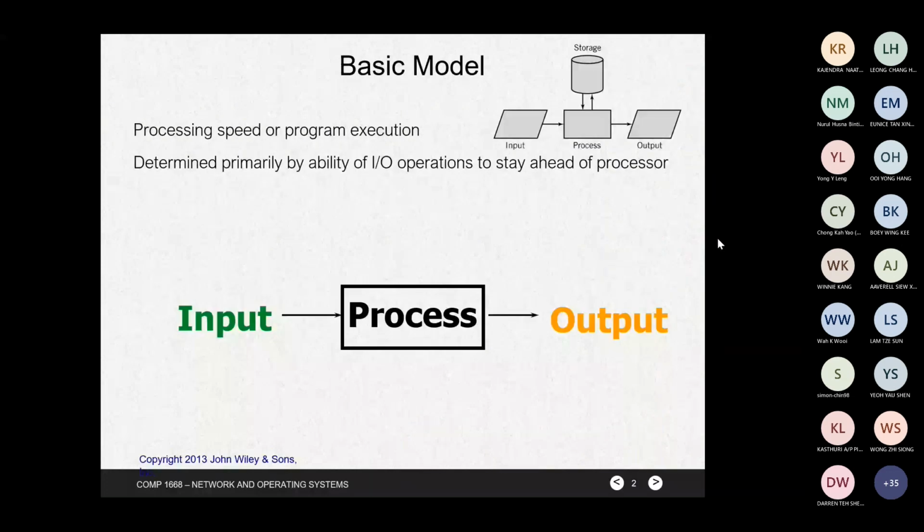Basic model of an IT computer system, as you all have covered in any IT subject, looks like this: input, and then the input will be processed, in order to generate output.